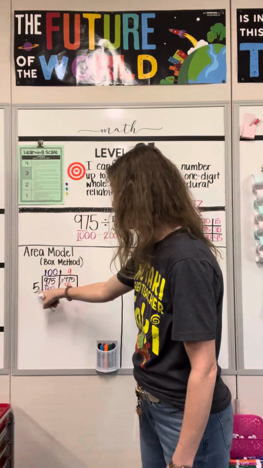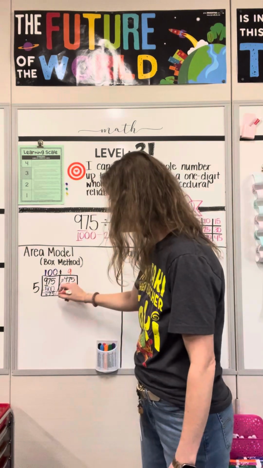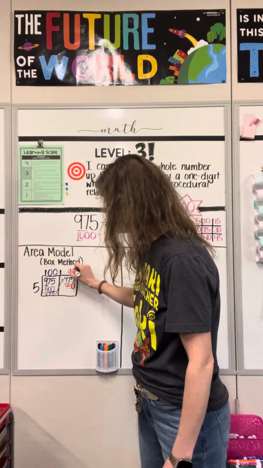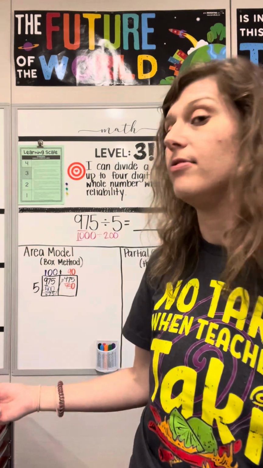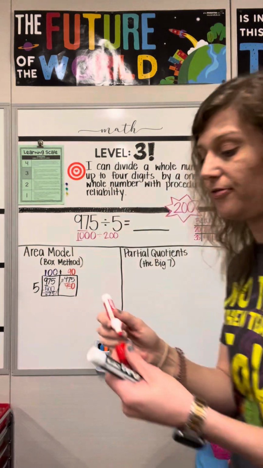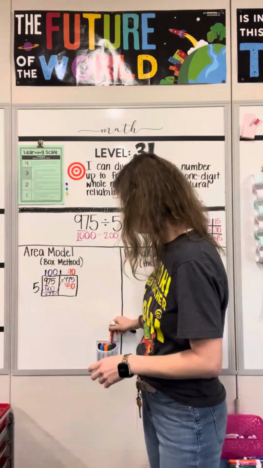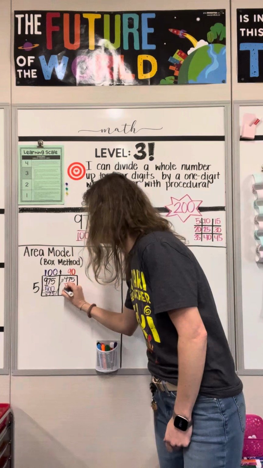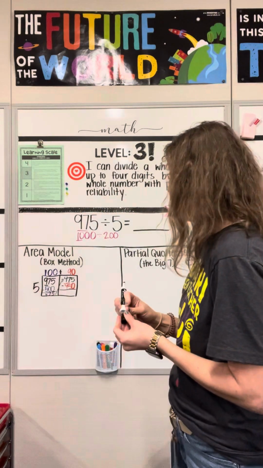And then 9 times 5 is 45, but it's in the tens place. So let's add our 0 here. And then our 0 place value holder up top. So 90 times 5 is 45 tens, which is 450. So once we do that, we are able to subtract 450 away from 475.